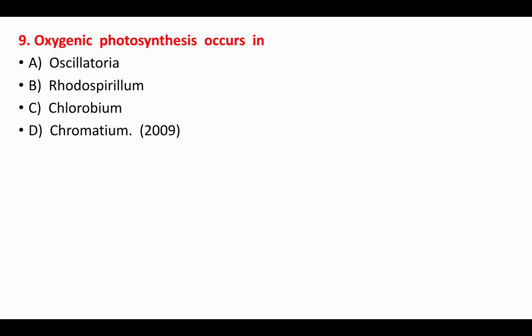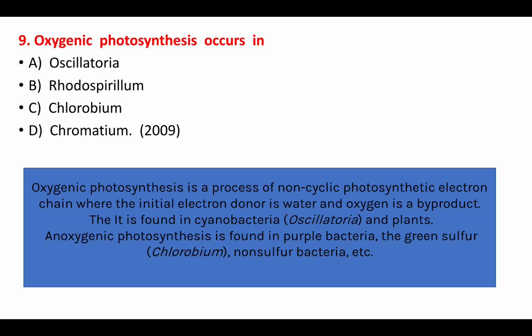Now let us move on to the 9th question. Oxygenic photosynthesis occurs in. See, oxygenic photosynthesis is a process of non-cyclic photosynthetic electron transport chain.